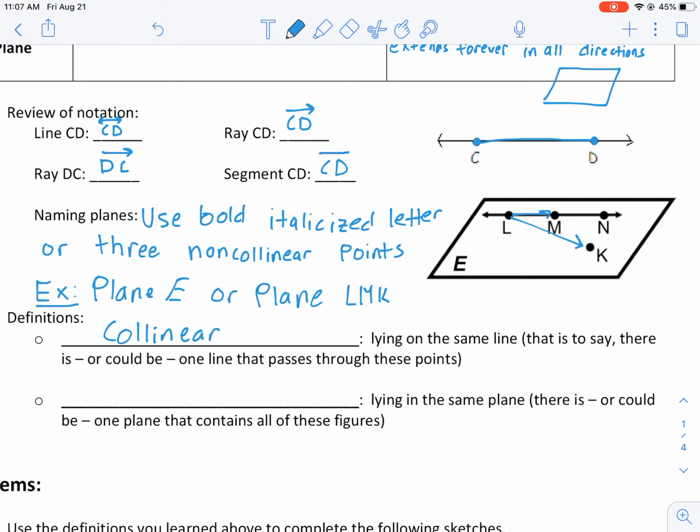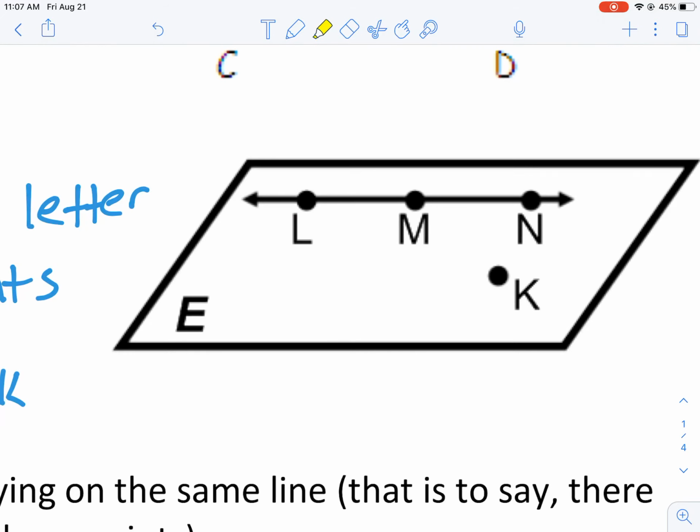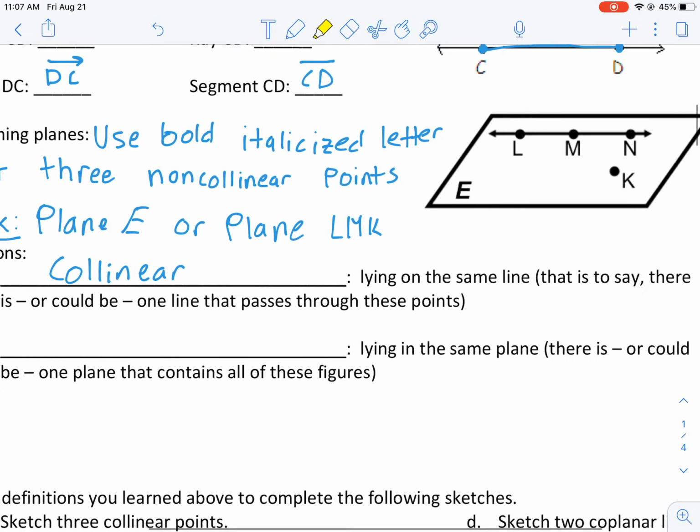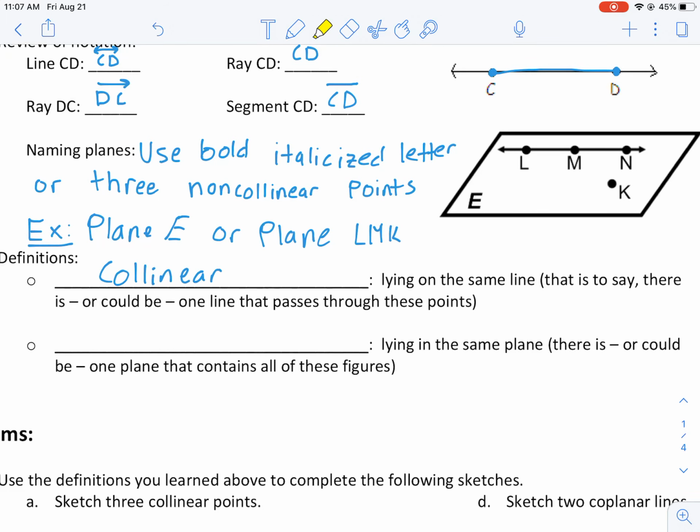So points are collinear if they lie on the same line. Another way to say that is points are collinear if you can draw a line that goes through all of those points. So if we look up here, L, M, and N are collinear. They all lie on the same line, but L, M, and K are not collinear because K is off the line. So you need at least 3 points to be collinear, but you could have 3 or more points.